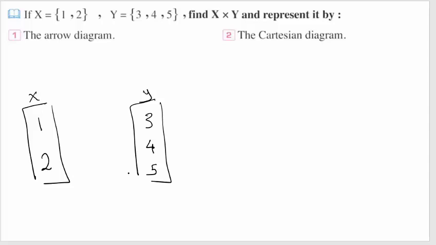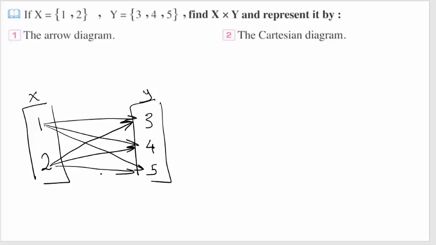I will join arrows from x to y, like this. 1 is joined with 3, with 4 and with 5. The 2 once with 3, once with 4, once with 5.